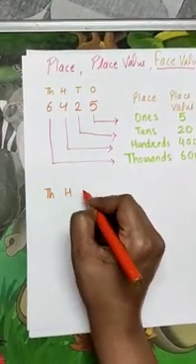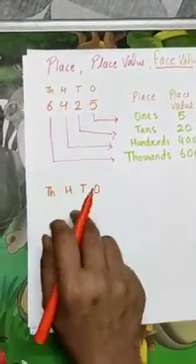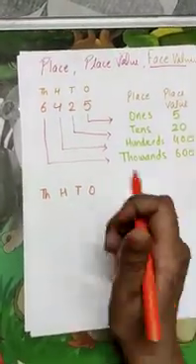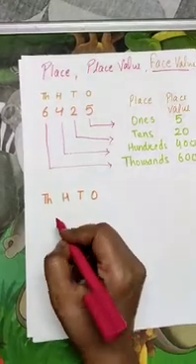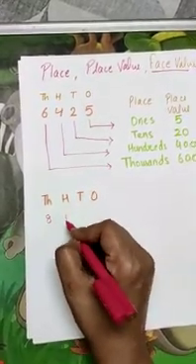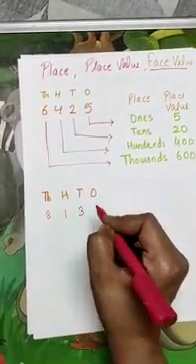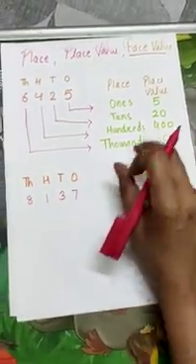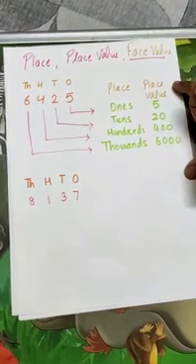Let's take one example over here. I have thousands. Be in a habit of writing the places before you write down the number. So here, let's take 8, 1, 3, 7. So here I am only going to tell you about the face value. Place and place value, you are thorough with these concepts.